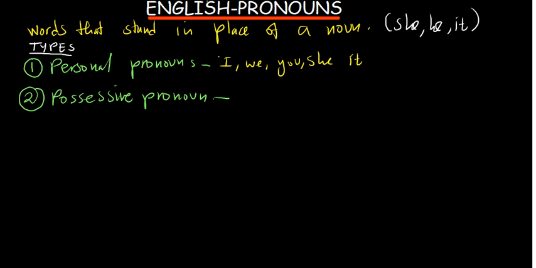So you are using it in place of a noun to indicate that this thing belongs to you. For example, its, and then mine, also ours, also yours. These pronouns which you can see here indicate that something belongs to me or something belongs to you.